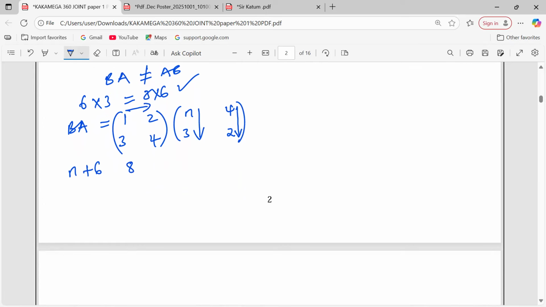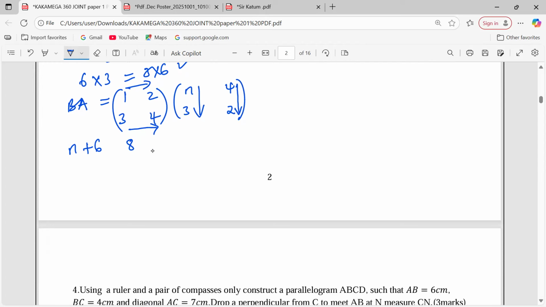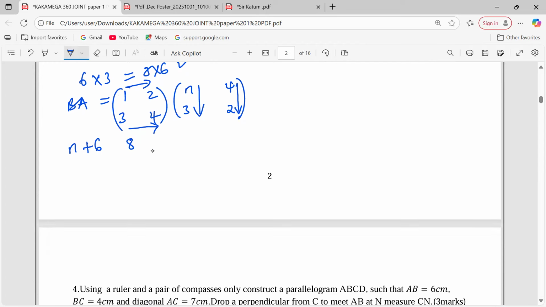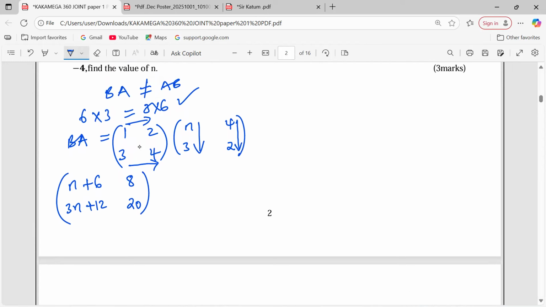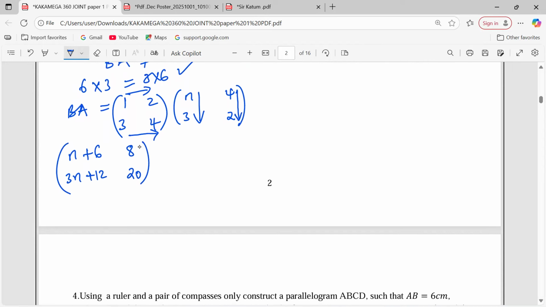Then on the lower side, we have the second row by the first column, 3 by n and 4 by 3, making it 3n plus 12. Then finally, we have 3 by 4 and 4 by 2, 12 plus 8, making this 20. This is now the product of BA in that order.